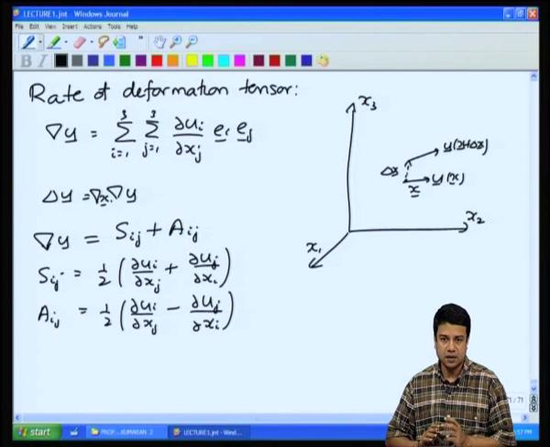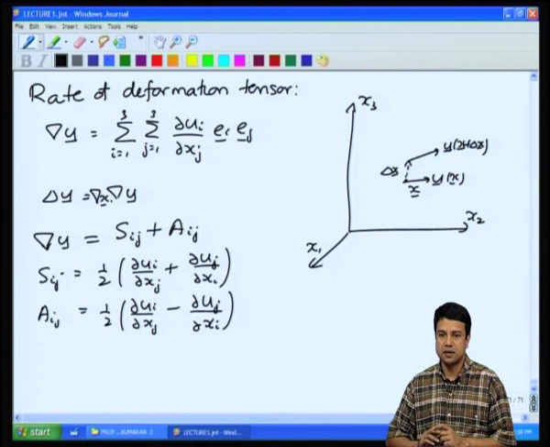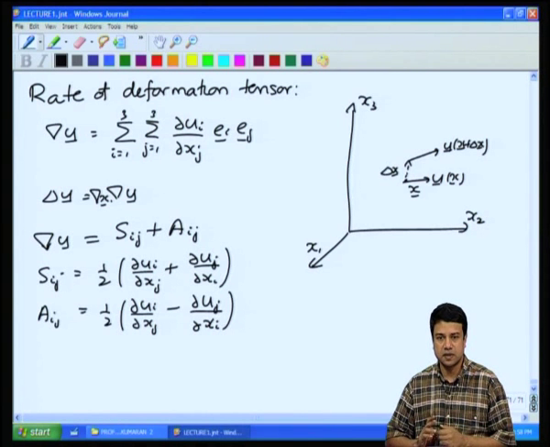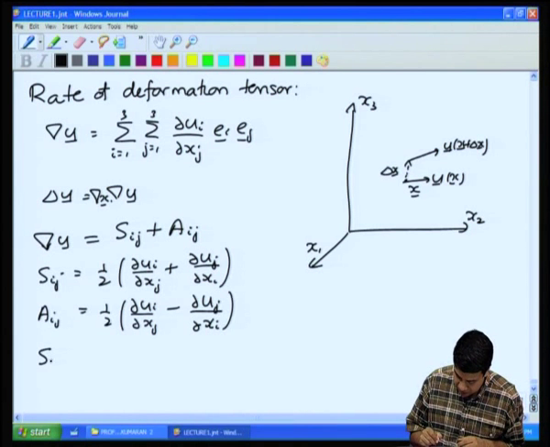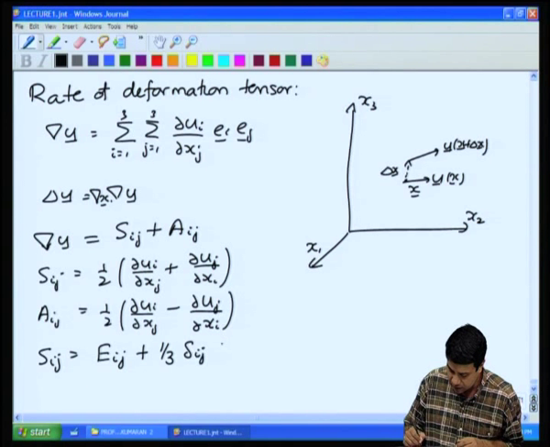The isotropic part is just proportional to the identity tensor. It has equal diagonal elements and 0 off-diagonal elements. The symmetric traceless tensor is symmetric and the sum of its diagonal elements is equal to 0. So, this can be written as this symmetric traceless part plus 1/3 delta ij times partial.